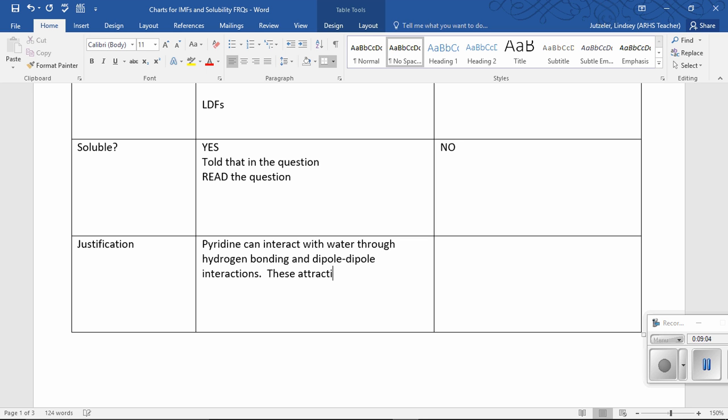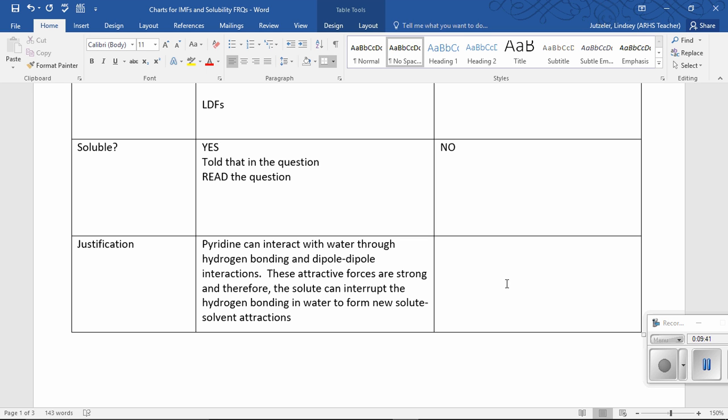These attractive forces are strong, and therefore the solute can interrupt the hydrogen bonding in water to form new solvent attractions.